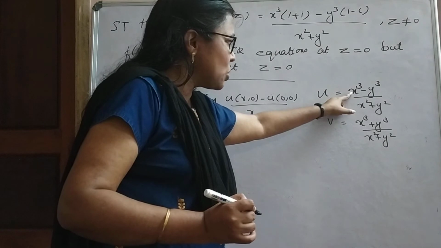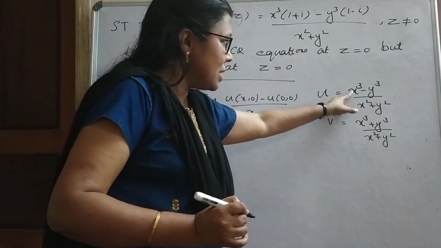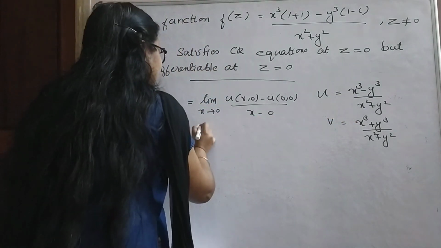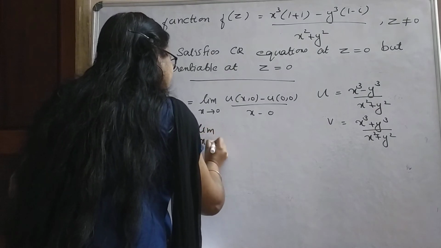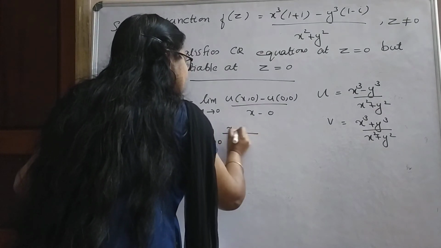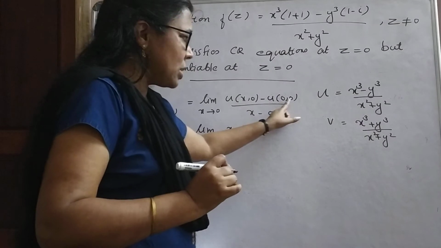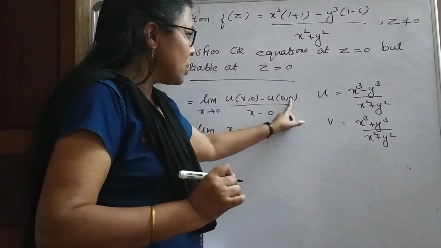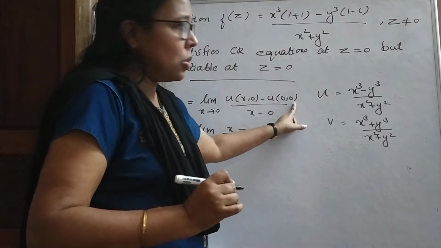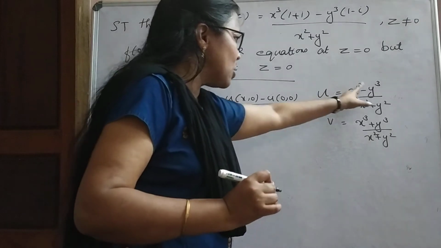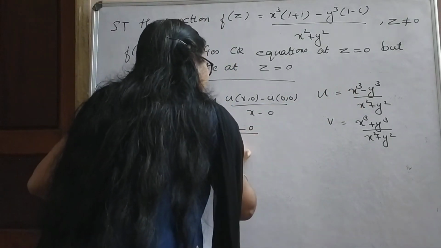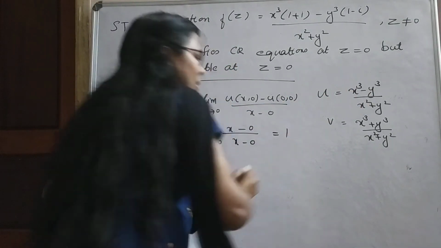Therefore we get x cube by x square, which is equal to x. Limit x tending to 0, x minus u(0, 0), which is putting both x and y as 0, so u(0, 0) is 0, by x minus 0, which is equal to 1.